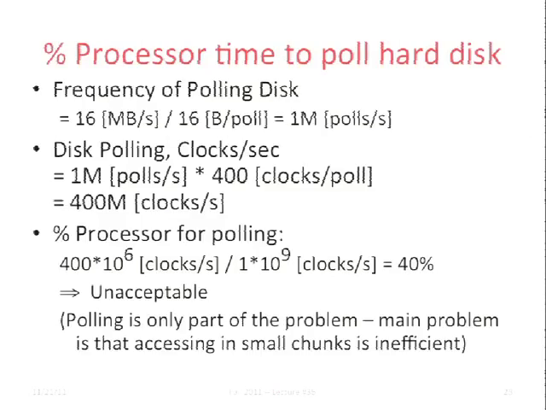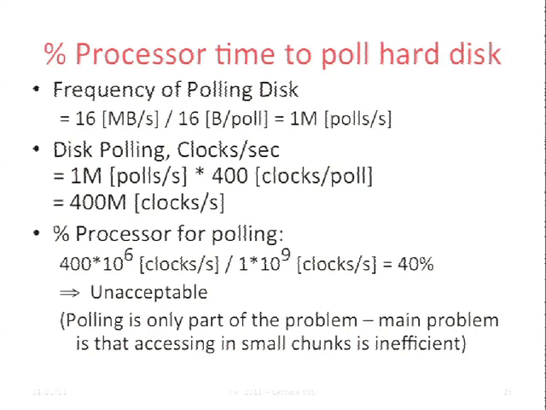The problem is when you try to poll for the hard disk, because it's giving you 16 bytes a chunk and you can't miss one. So you've got to be there, just polling. If you work out the arithmetic, that could chew up a huge amount of your CPU, like 40% in this case. The point is that polling is perfectly fine and makes perfect sense, and MIPS supports it with the code I showed you.